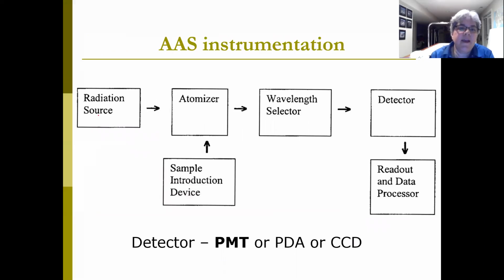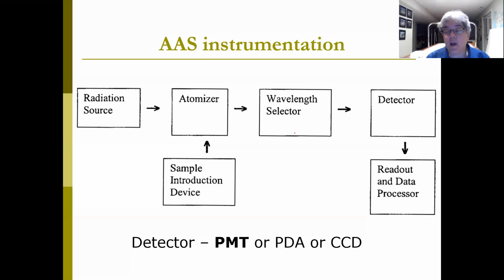Okay, so we have looked at the source. There are 2 sources. They are HCl and EDL. We looked at the introduction device. That's the nebulizer. Atomization, we looked at 2 ways. Flame, graphite furnace. All right, we need to select the wavelength.